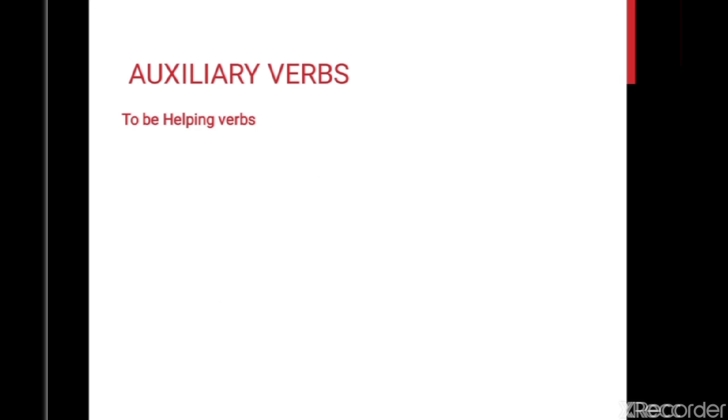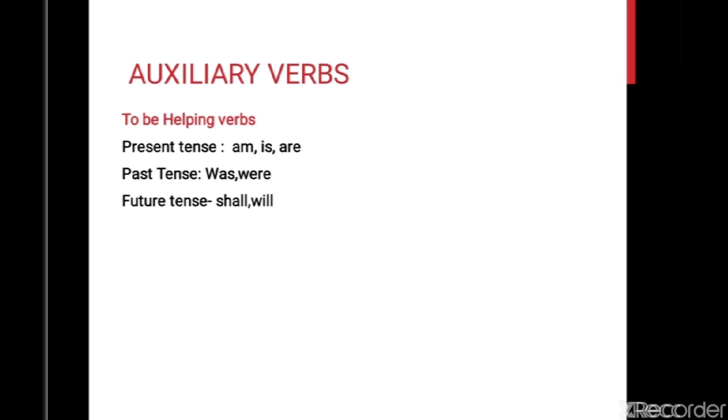Now what are auxiliary verbs? They are of three types: to be is a helping verb, to have is a helping verb, and to do is a helping verb. So to be helping verbs in present tense are am, is, and are. In past tense was, were, and in future tense shall and will.